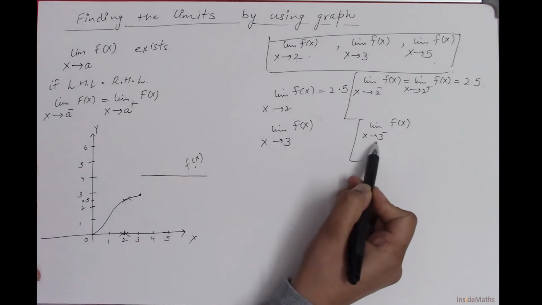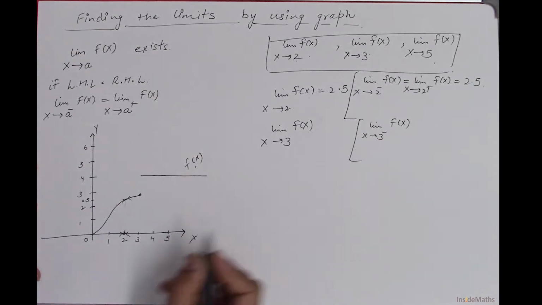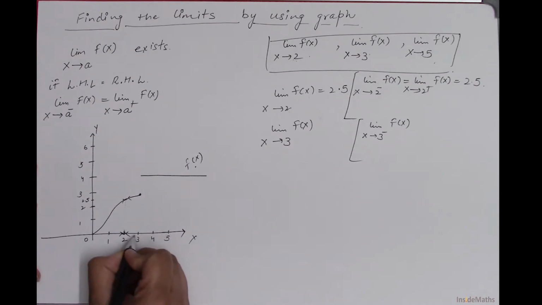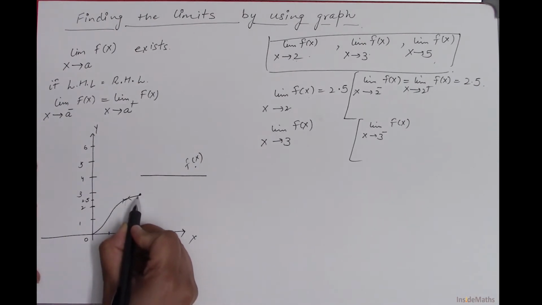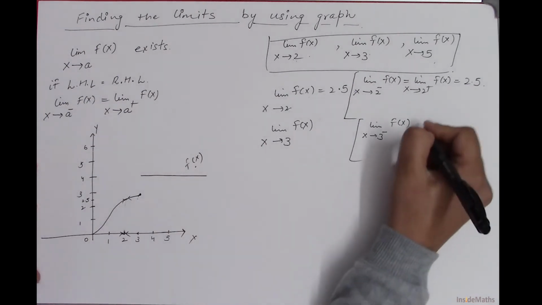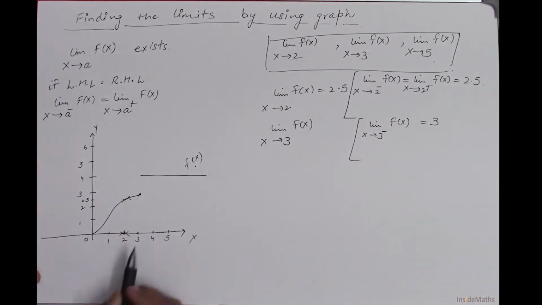That means when x is approaching to 3 from the left side, x is slightly less than 3, here somewhere. Now when x is here, f of x is approaching to 3. That means this limit is 3.